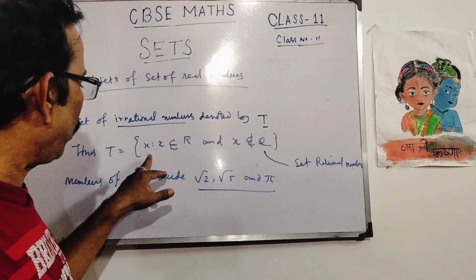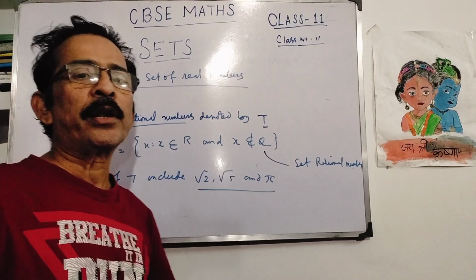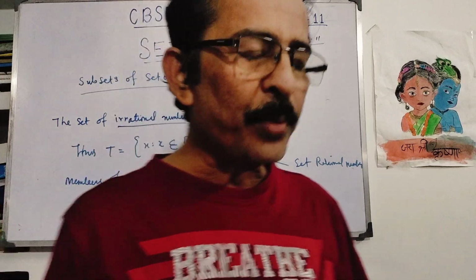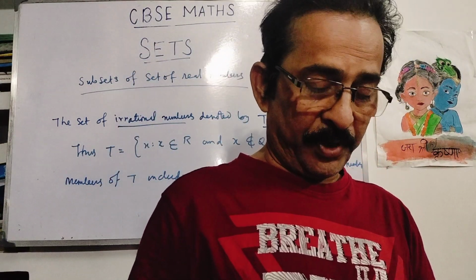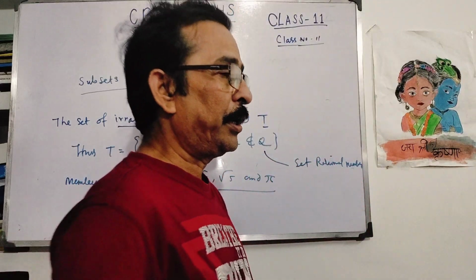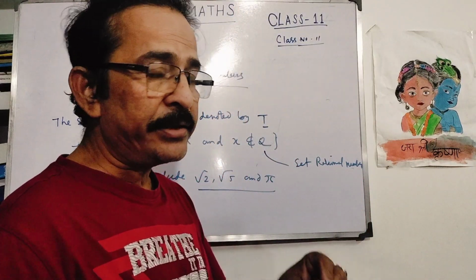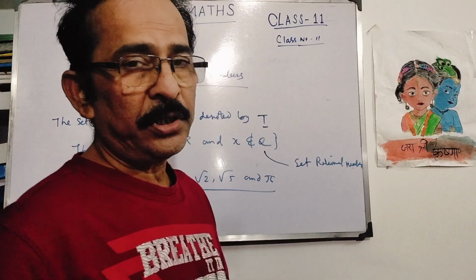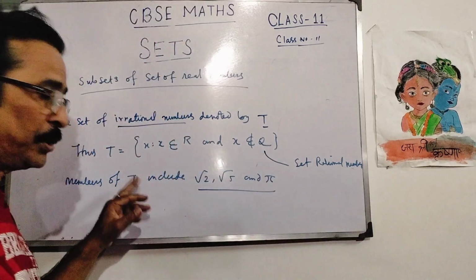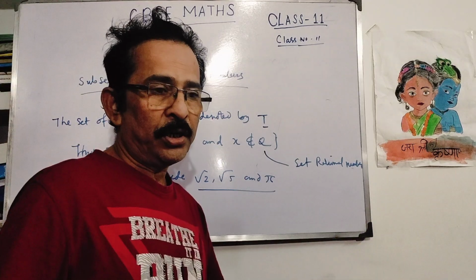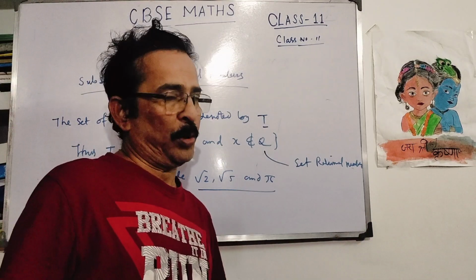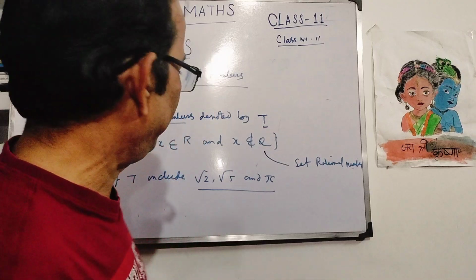All the irrational numbers are members of T. Understood? So students, once you clearly realize and understand all the theory of this book, then you go forward to solve all the problems.